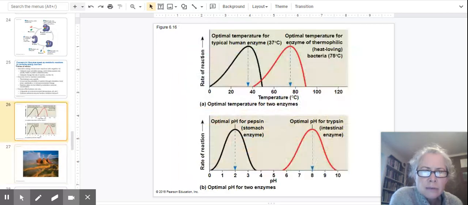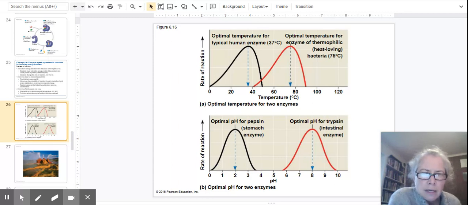It is not just temperature that affects the performance of enzymes. Other things like pH can too. And if we look at this bottom set of curves, that's illustrated here. These are the functionality of two enzymes that are both found in humans, one in the stomach and one in the intestines. Now, the stomach is a very acidic place, whereas the intestines are slightly basic. Remember, 7 is neutral and 8 is just barely more basic than neutral, whereas the stomach is very, very acidic due to the hydrochloric acid that's in there.